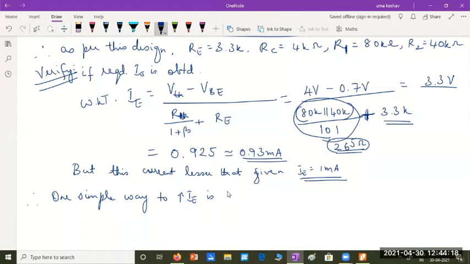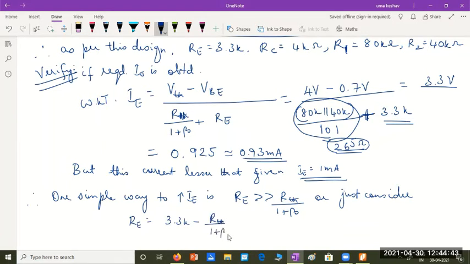So one simple way to increase IE is to make RE much larger than RTH by 1 plus beta. Just consider RE as 3.3K minus this RTH by 1 plus beta.